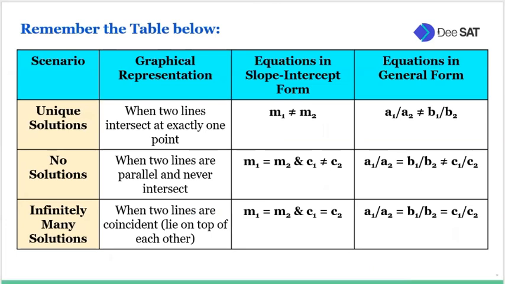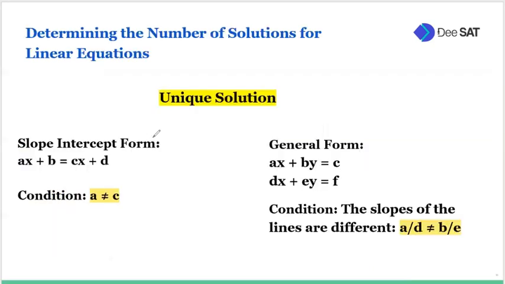Again, for the unique solution of linear equations, you're just looking at the case. Sometimes in the SAT, the slope-intercept form can be written in this format. They will say that 2x plus 4 is equivalent to 3x plus 5.